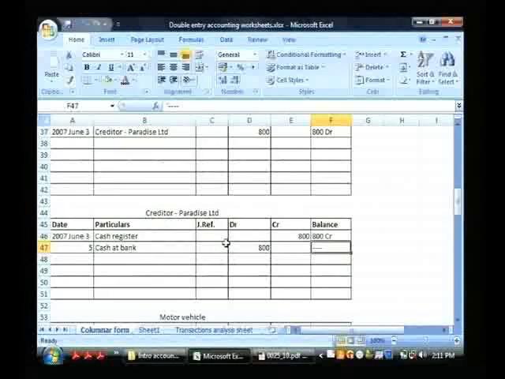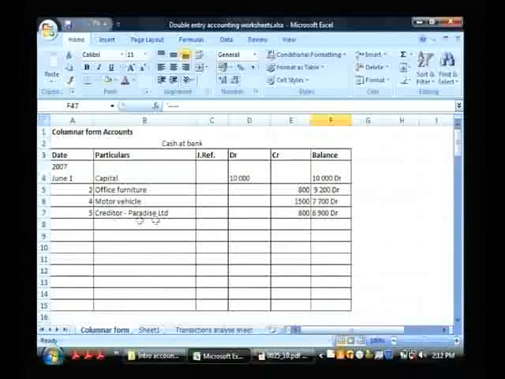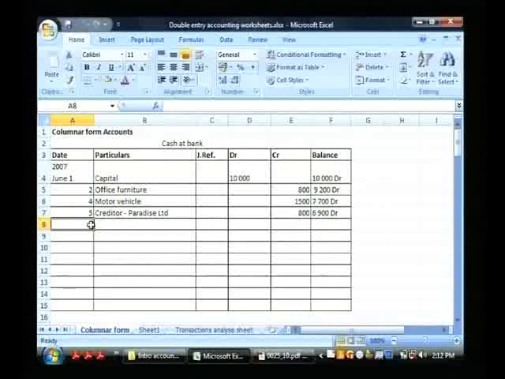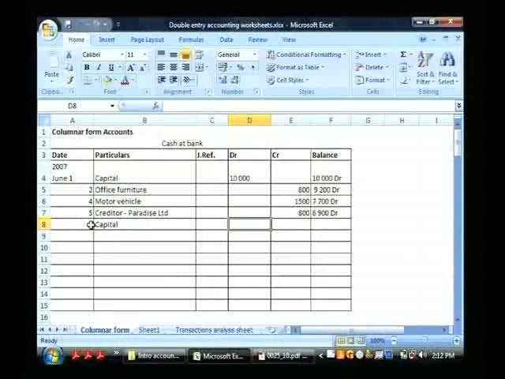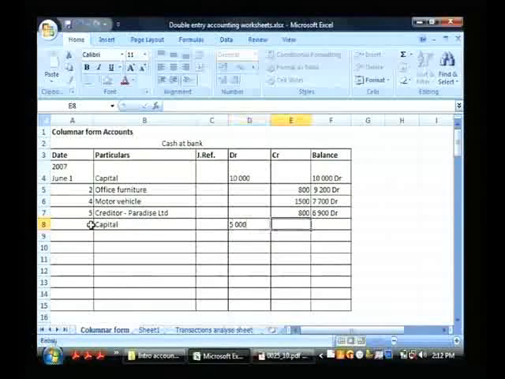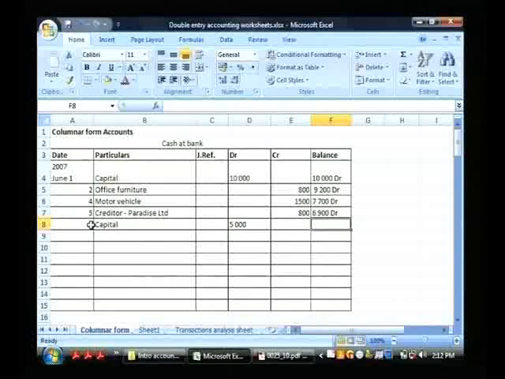Next, 5th, then 6th. Additional capital. The owner introduced additional capital. 6th, capital account, 5,000. Now 6,900.